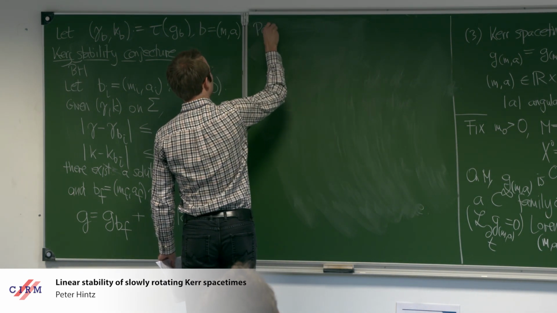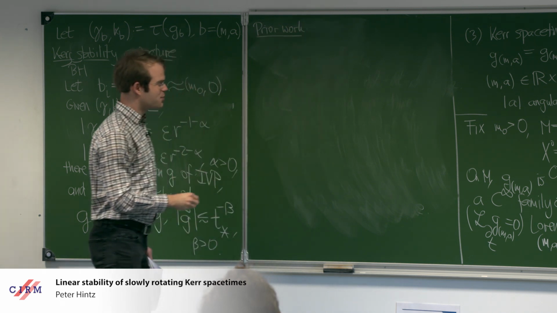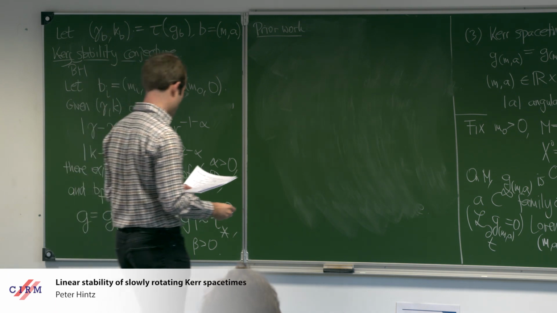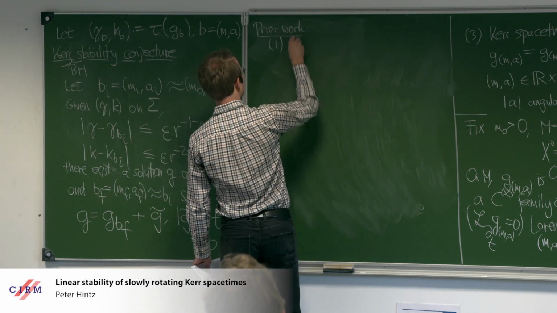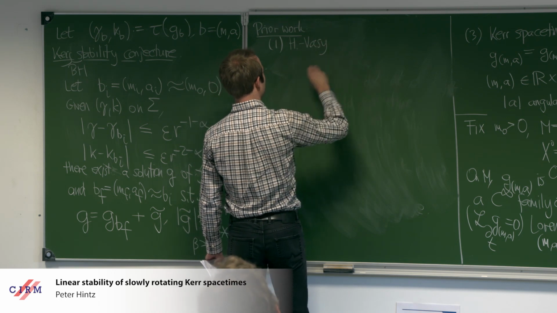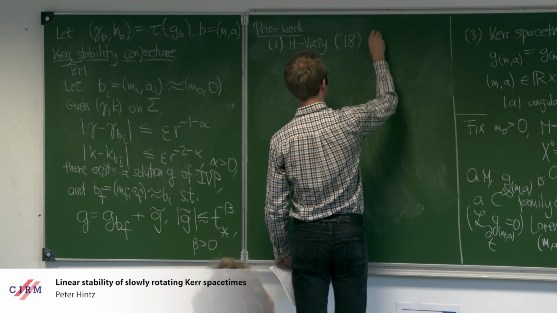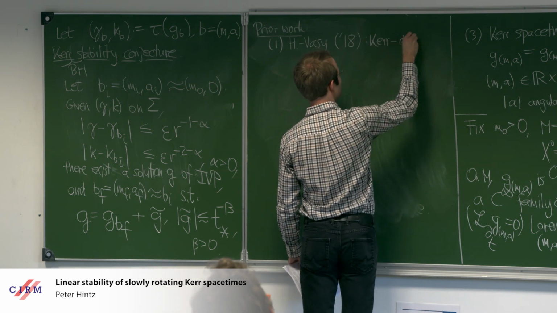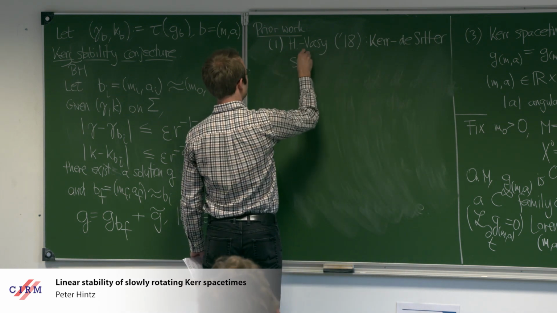Okay, so for prior work, the body of work is extremely big on these kinds of problems, so I'm just going to be rather terse. So the first thing is some shameless self-promotion. Because András and I proved, published in 2018, the stability of Kerr-de Sitter black holes, which probably most of you have seen either András or me give a talk about at some point.